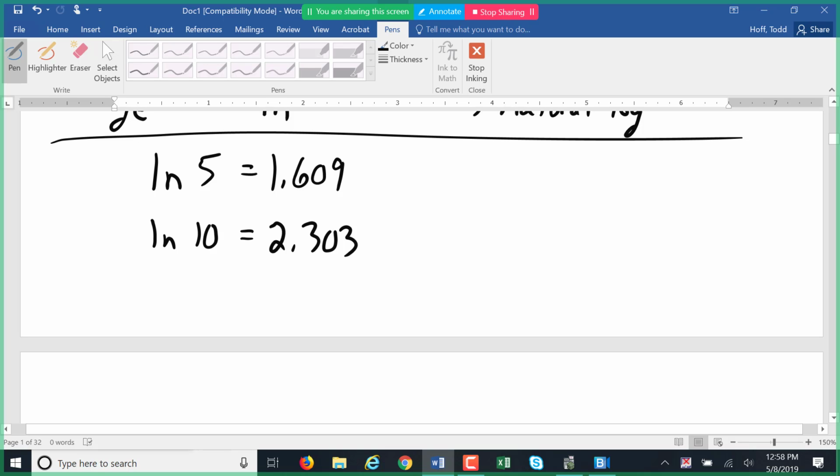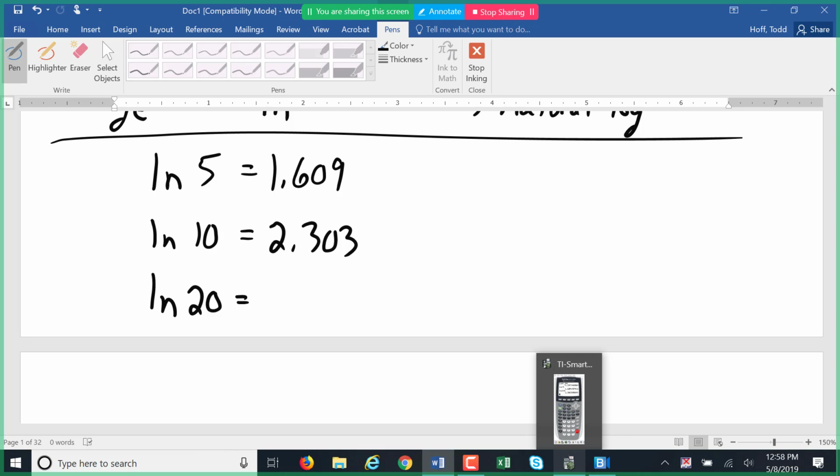Now notice when we were doing a log base 10, when we doubled the number, it always went up by the same amount. It went up by 0.301. The same relationship exists here. ln of 20 is now going to be what? 2.996.